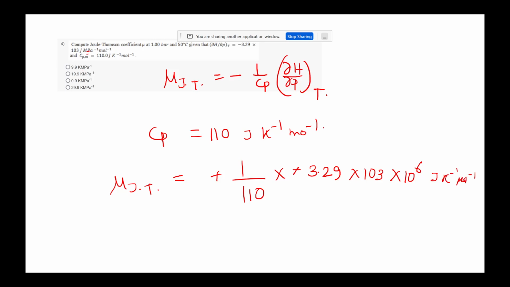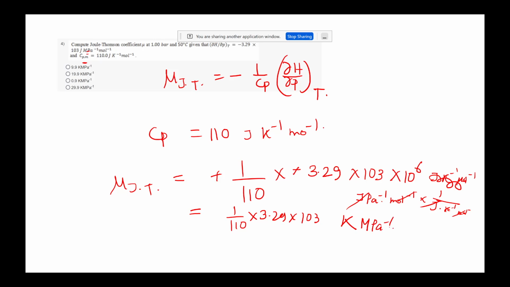Now this is joule Pascal inverse mole inverse, Cp in the reverse, so joule cancels out, Kelvin mole inverse cancels out, Pascal inverse remains. So this will be 1 by 10, since there is million here also, so 1 by 10 times 3.29 into 10 to the power 3 Kelvin per megapascal.